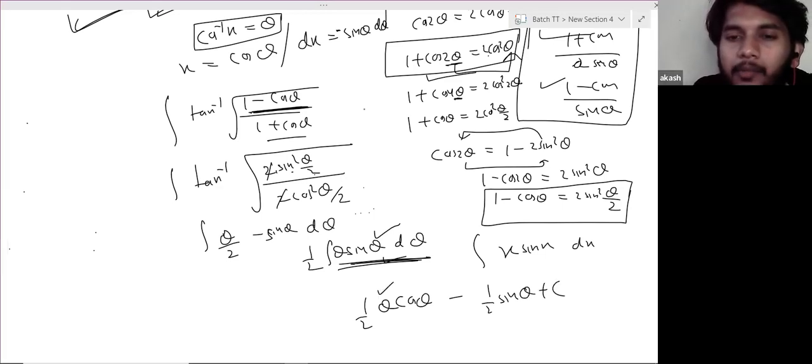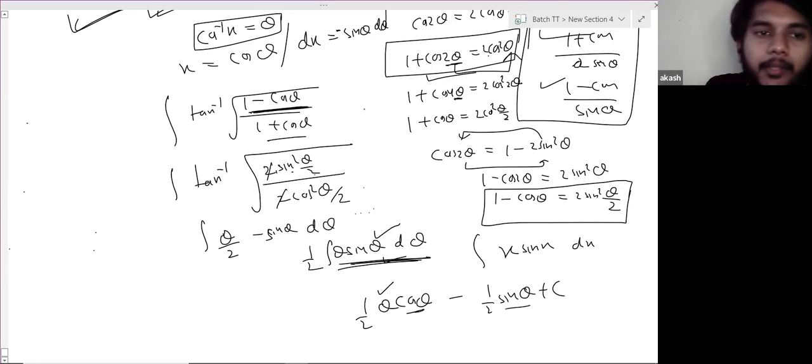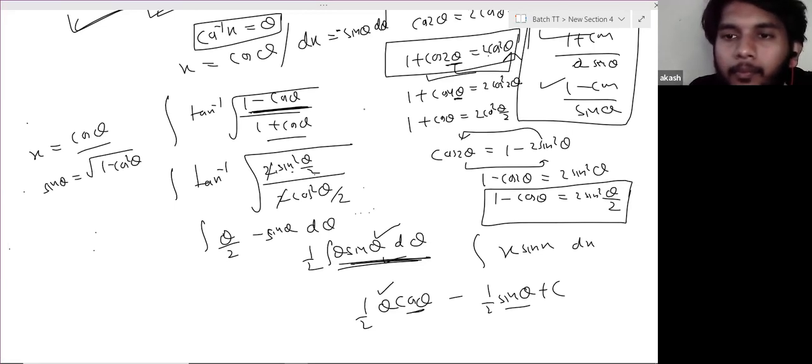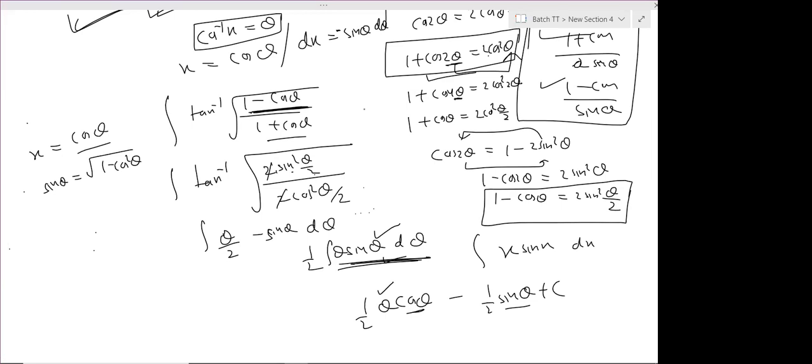Okay, so theta is cos inverse x, and cos theta is already x. All right, if x is cos theta, then you can find the value of sine theta very easily. All right. Yes, sir. Got it, sir.